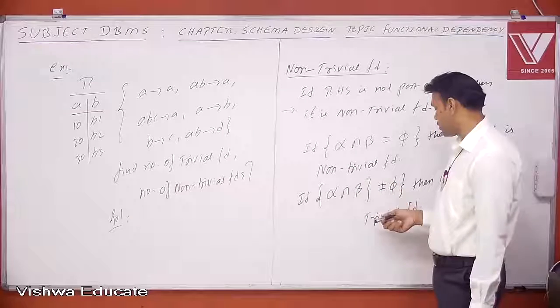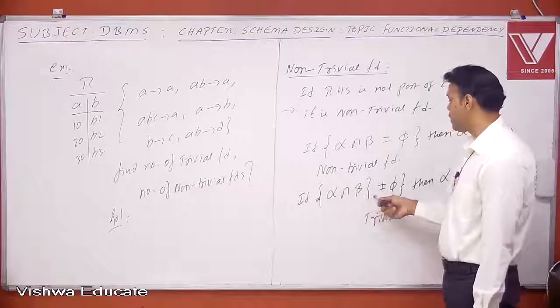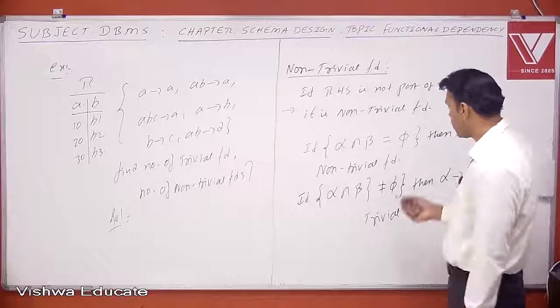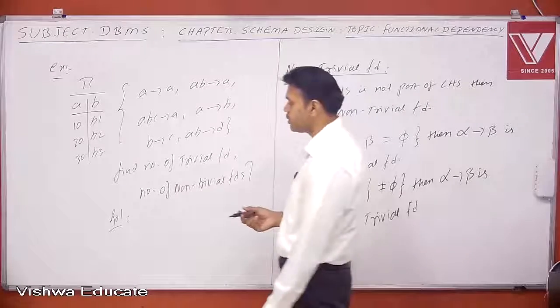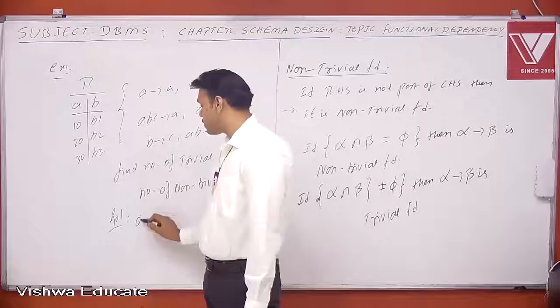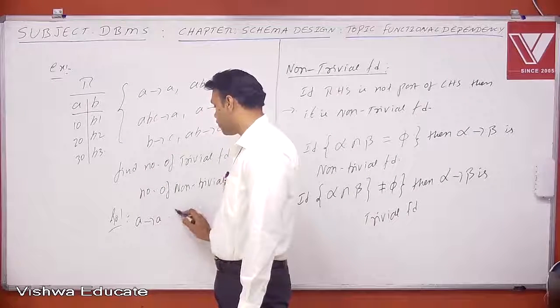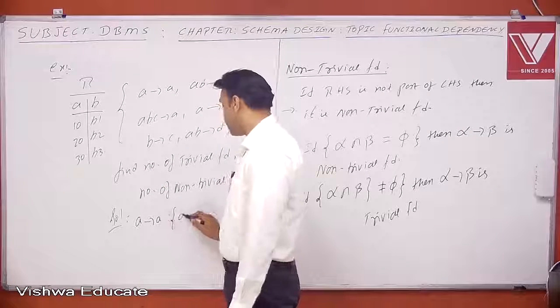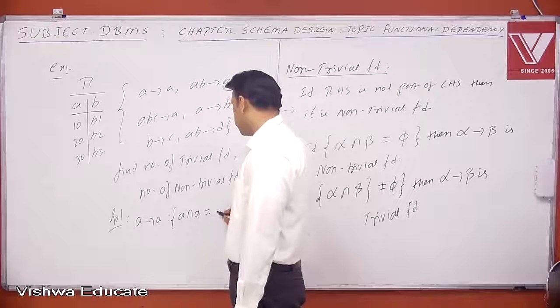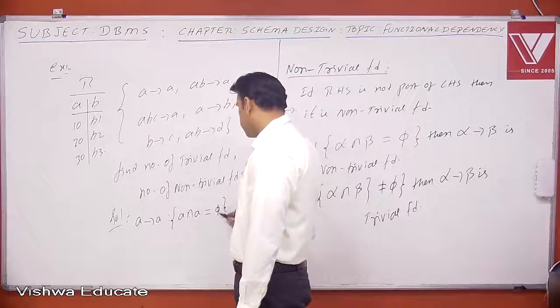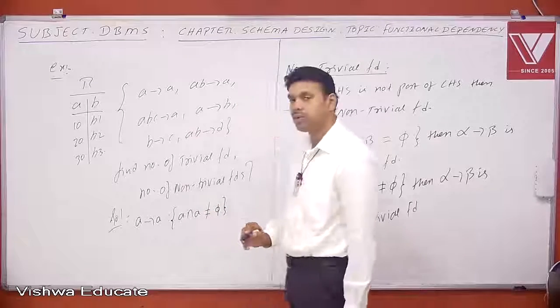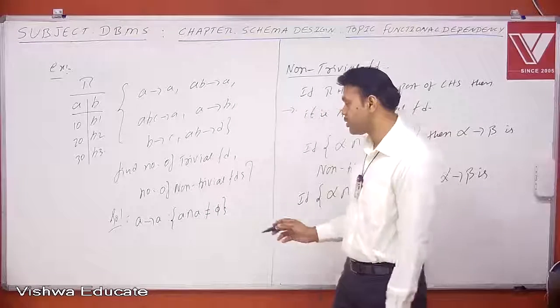Otherwise, you look at this: if alpha intersection beta is not equal to phi, then alpha tends to beta is trivial. So come to the first, A tends to A. Now you tell me, A intersection A is not equal to phi, yes or no?